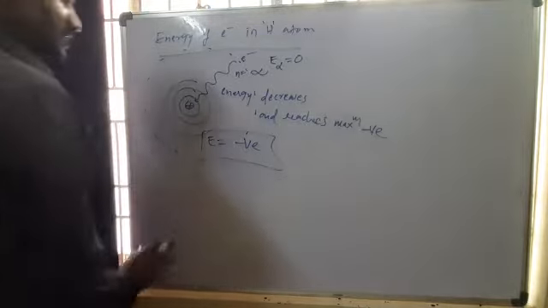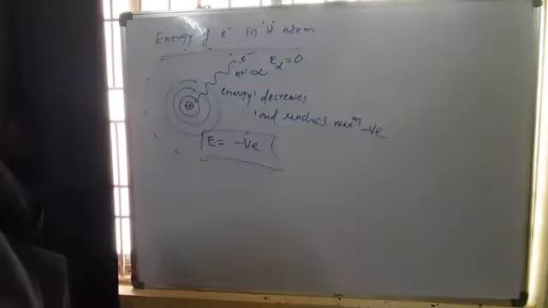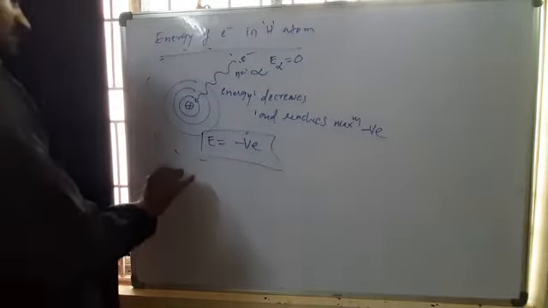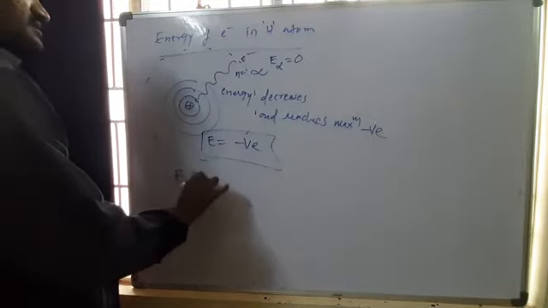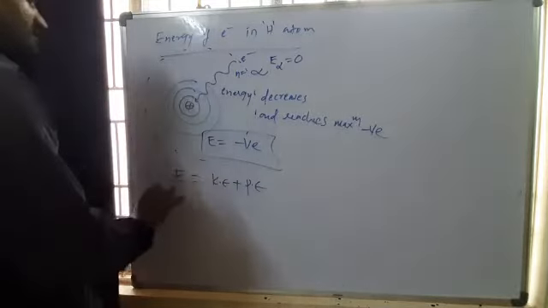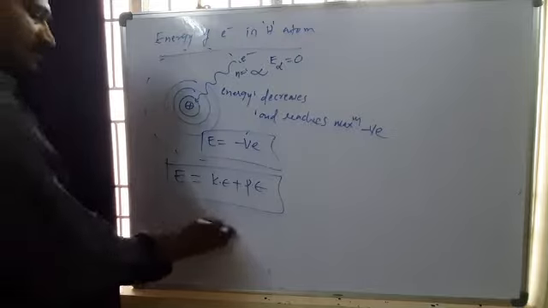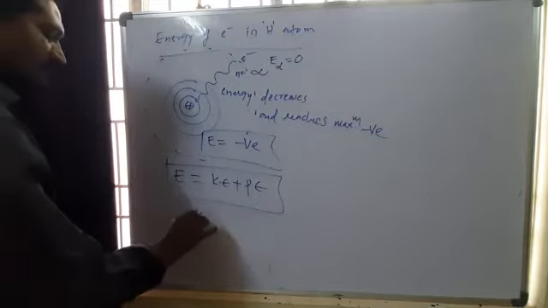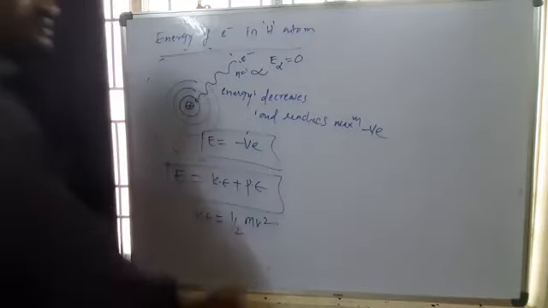Now, the calculation of energy. The energy of an electron is always the sum of kinetic energy plus potential energy. We know that kinetic energy equals half mv square.